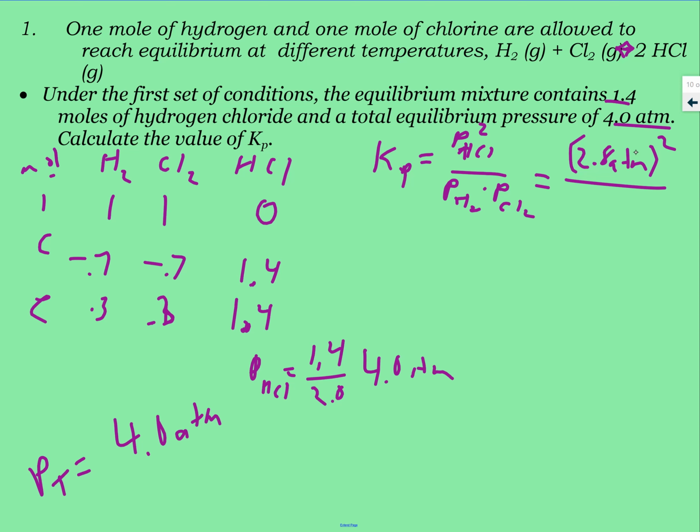I do the same thing to find the partial pressure for hydrogen, which is 0.3 divided by 2 times 4 atmospheres, which is 0.6. Same for Cl2, so I'm going to have 0.6.